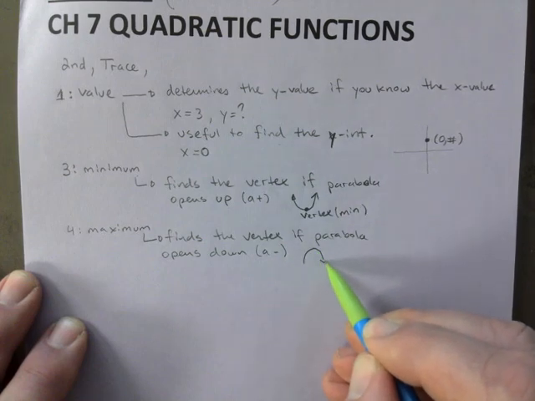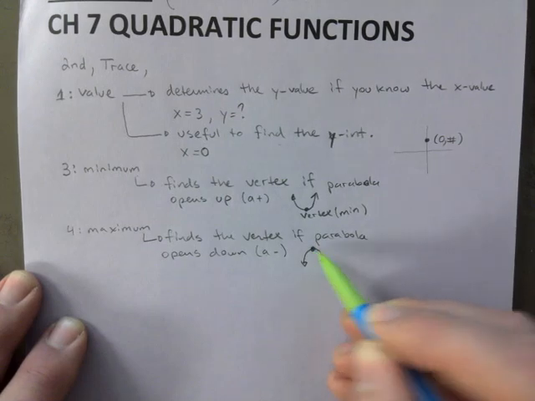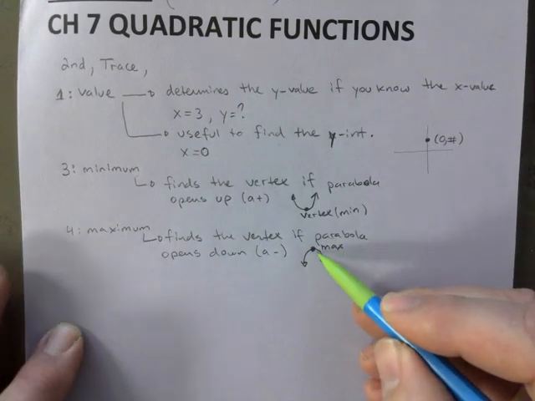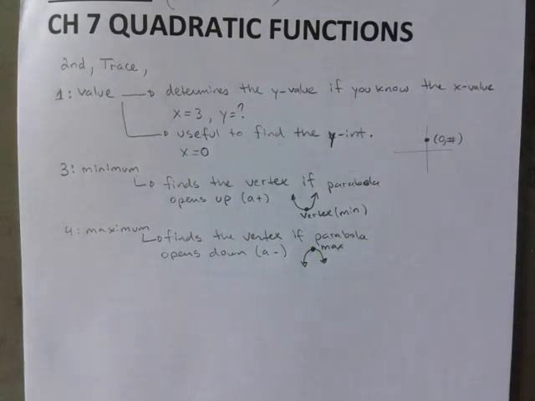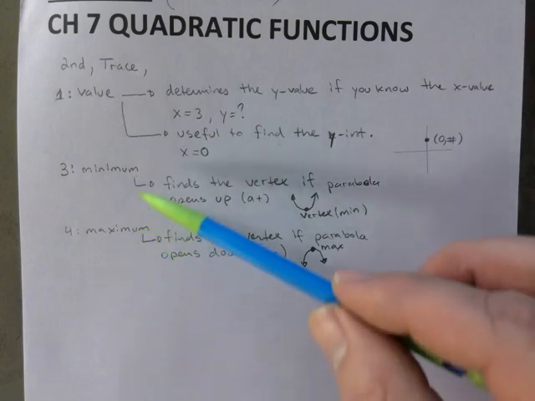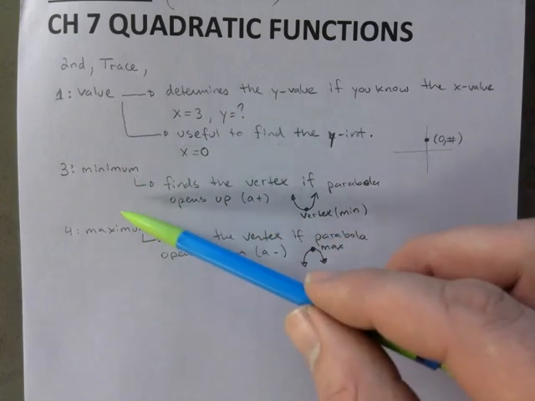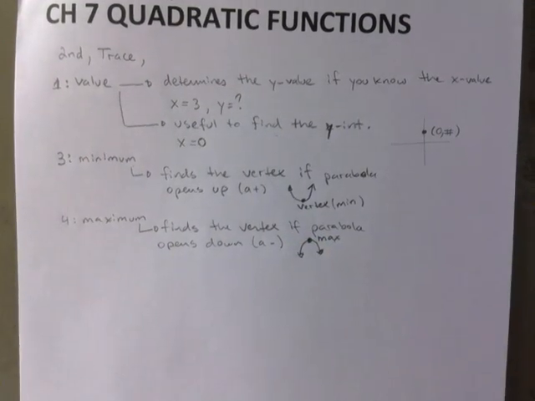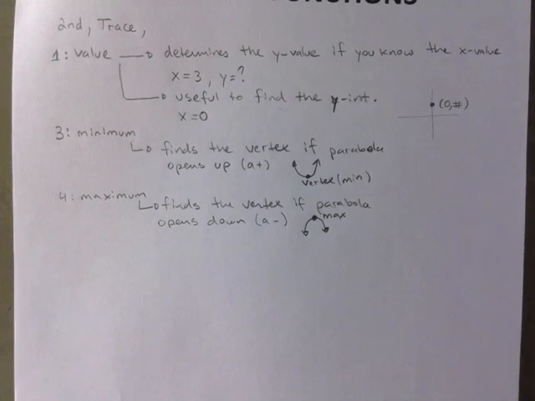Right now it may seem overwhelming, but after a while you're going to be pros here. Because then the vertex happens to be the highest point. So you will never have to use both at the same time. It's either going to be minimum or maximum depending on the situation. So that's going to find us the vertex, which is very, very important to us. And I'll show you how to use that.